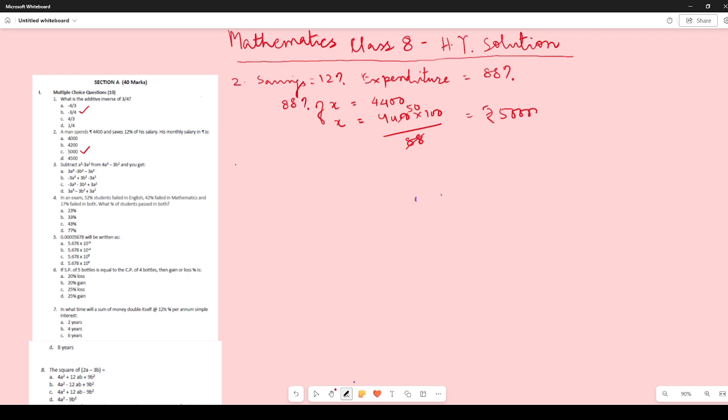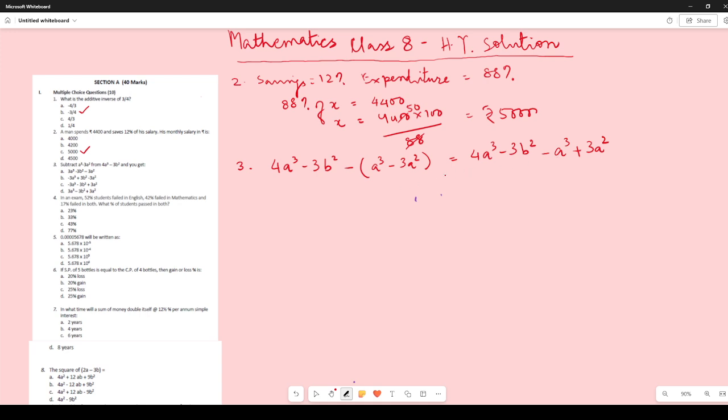So question number 3 says, subtract this from this. So from, remember, 4a cube minus 3b square, minus, now remember this entire thing goes inside the brackets, a cube minus 3a square. So when you open up the brackets, this becomes 4a cube minus 3b square minus a cube plus 3a square, right?